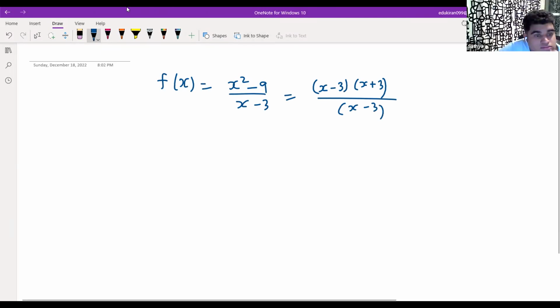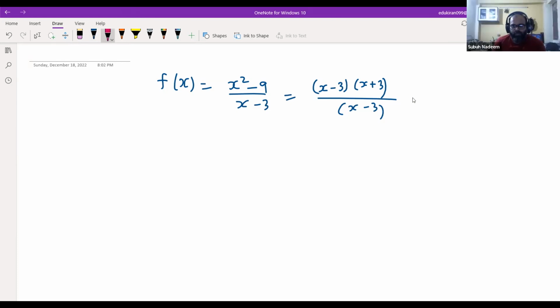Now, can we cancel x minus 3 from the numerator and from the denominator? Yes, sir. Always? When x is equal to 3, that is x minus 3 will be 0. Then it will be 0 into (x plus 3) upon 0, which is 0 by 0, which is not defined.